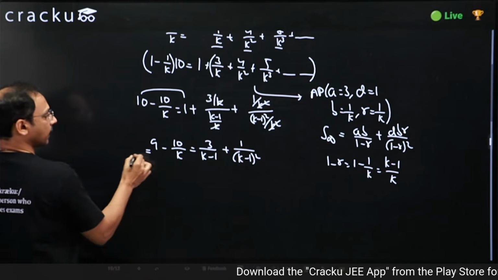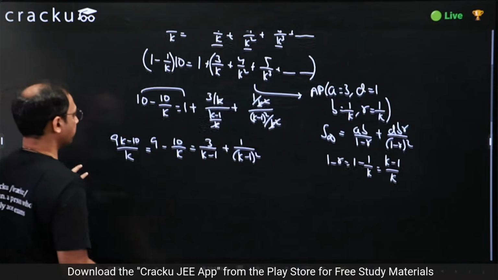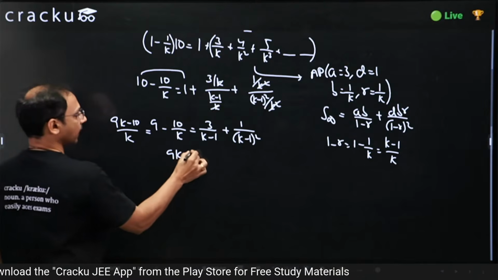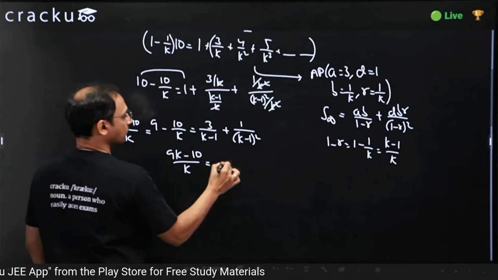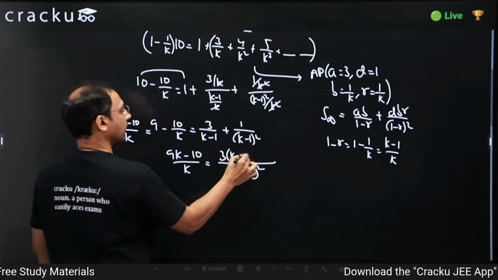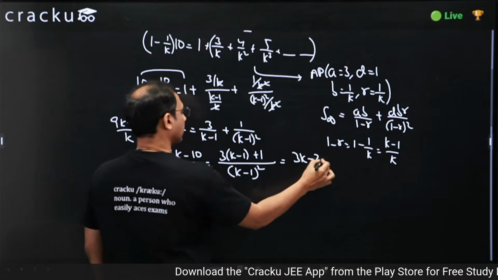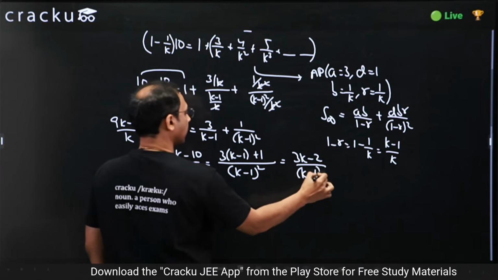So this one I can write as 9k minus 10 by k. So 9k minus 10 by k is equal to, if I take LCM, I get 3 into k minus 1 plus 1 or 3k minus 2 by k minus 1 whole square.